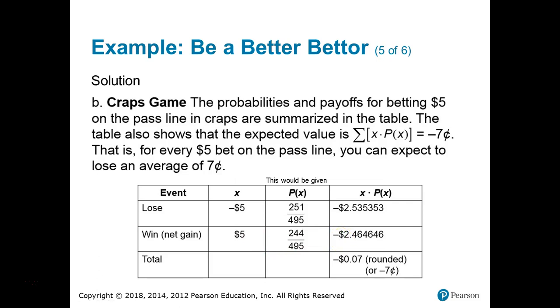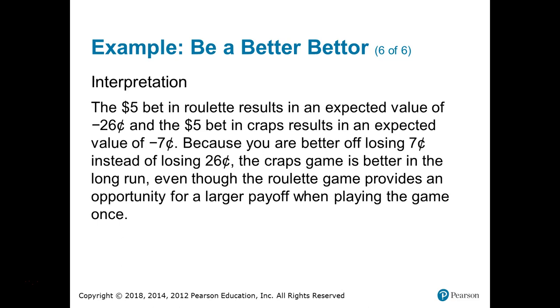But you add those two values together. Negative $2.53 plus $2.46 gives us negative 7 cents. So the expected amount to lose on average is 7 cents per round of craps.